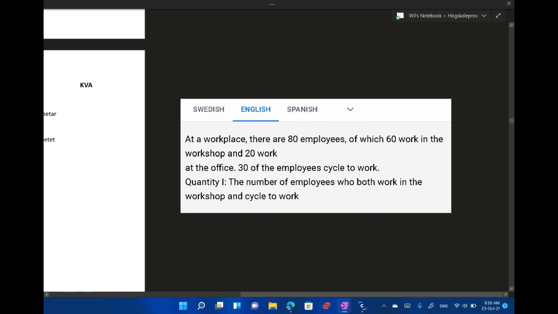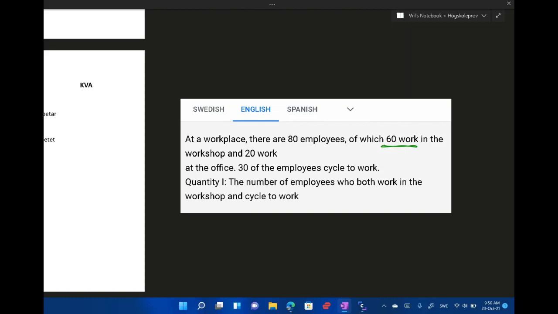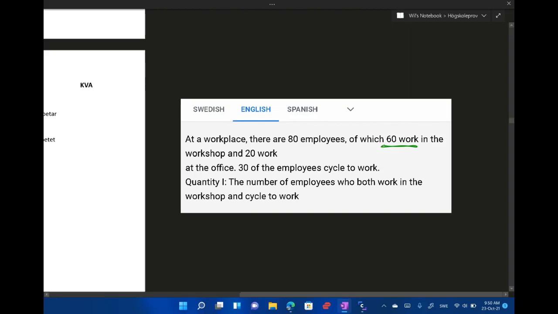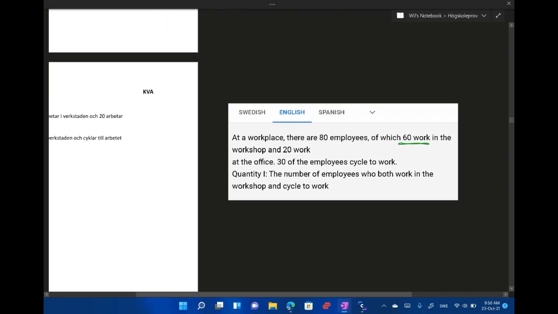So quantity 1 means the number of people who both work in the workshop, out of these 60 people, we need to find out how many people biked that work in the workshop. However, it doesn't really tell you this information. It just says that 30 people take the bike. So we know that there's 30 people that cycle to work, right?